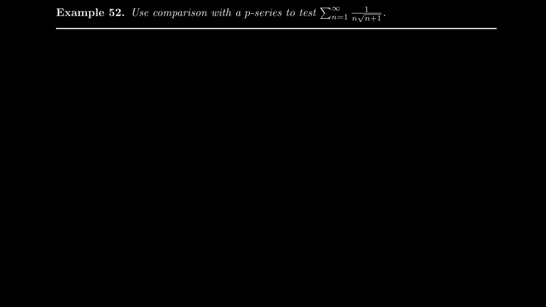So how do we do p-series with something that looks like that? That's a good one. So let's look at this before we move on to the next sort of thing. We look at how this behaves for large n. For large n, this square root of n plus 1 is kind of like the square root of n.